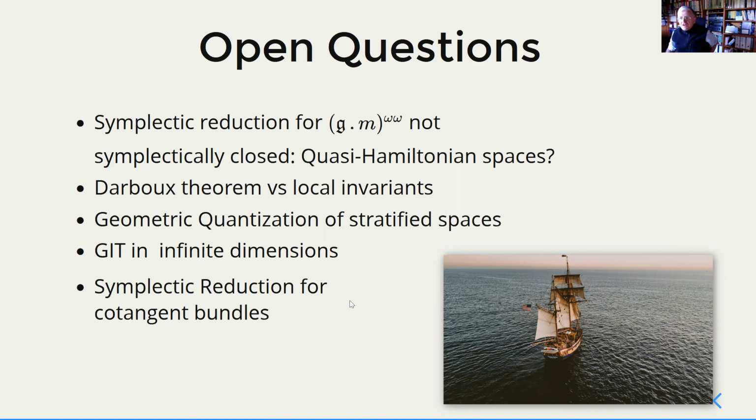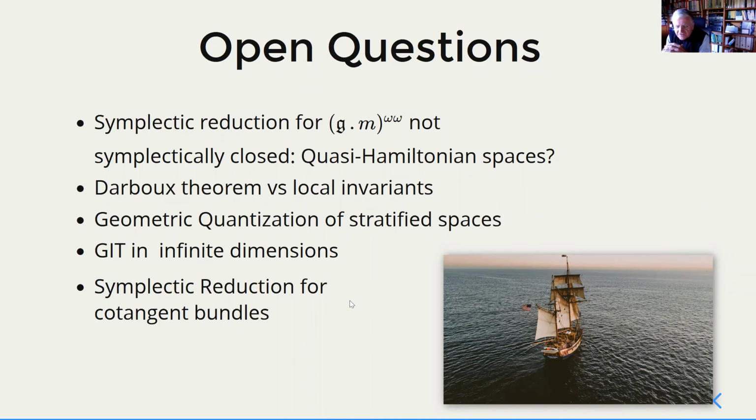And here it looks somewhat similar, because if this symplectic dual jumps, then you don't get a bundle. So maybe this is a way to get your hand on this.